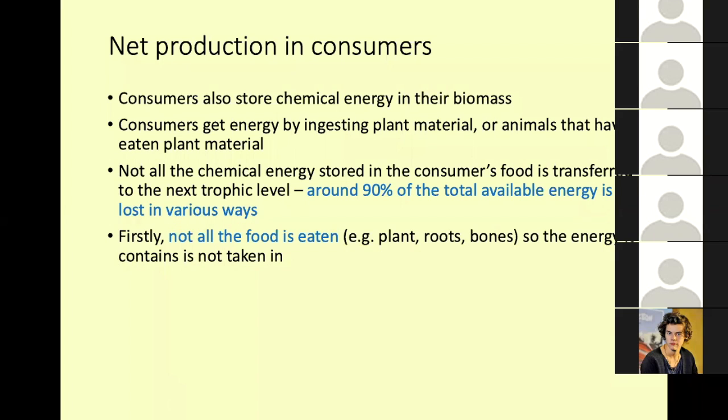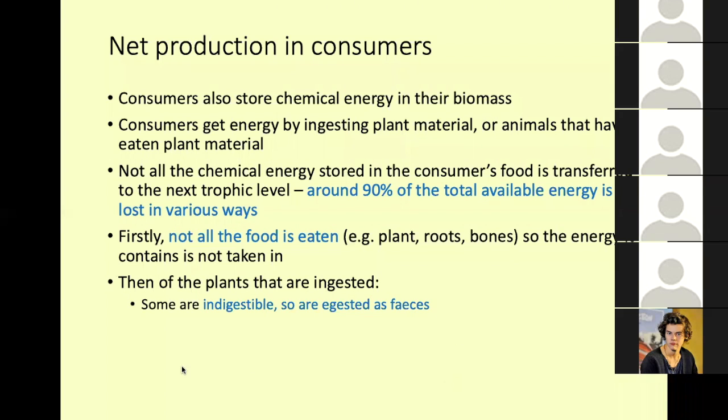There are lots of plants that are quite indigestible or that we don't traditionally eat. We don't eat some plants' roots, though we do eat some, such as potatoes. Obviously, the bones have a mass and an energy, and nobody eats bones, so that energy is lost. Okay, so that's part of it.